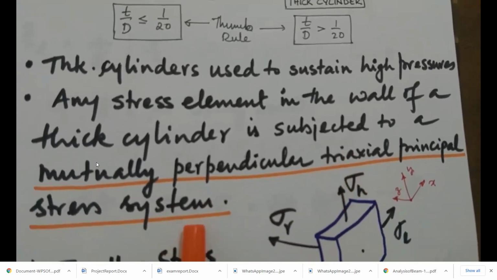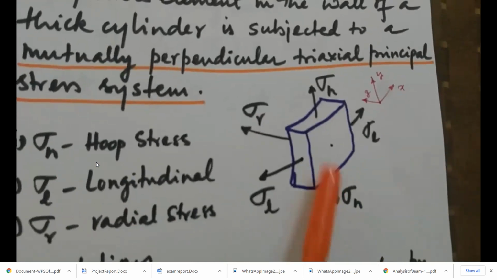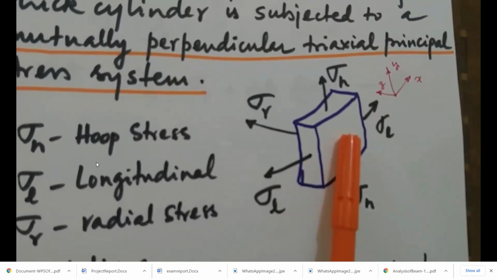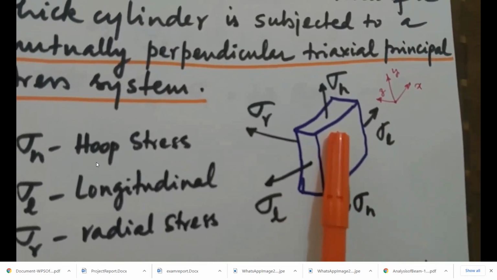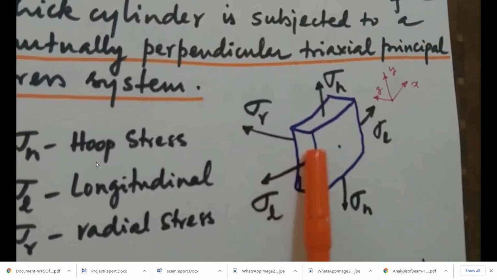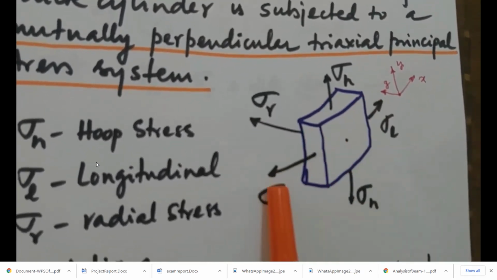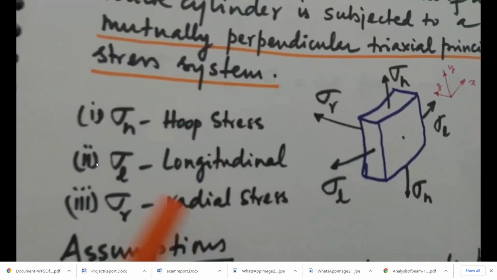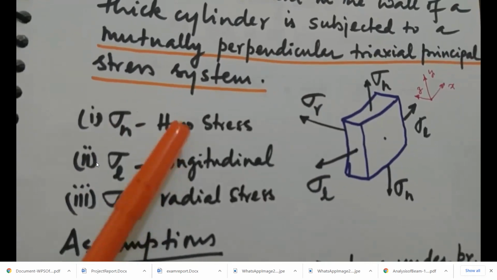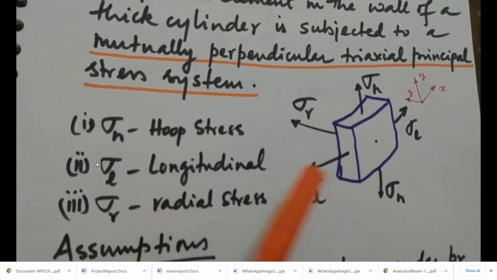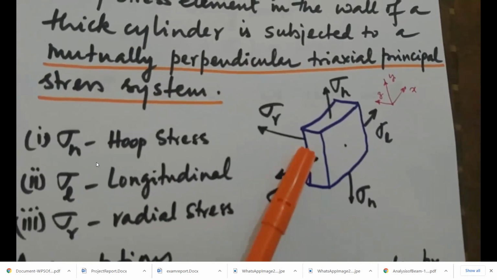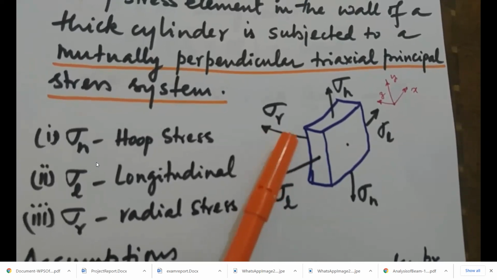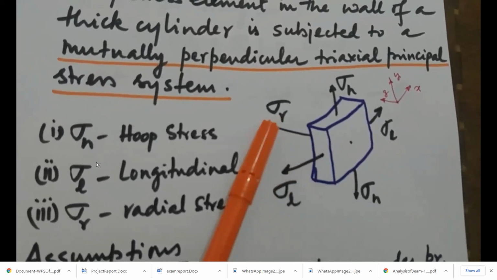So, I have drawn that here, marked out the xyz coordinate system, and shown this element that is a part of the wall of the thick cylinder subjected to three mutually perpendicular principal stresses. This is sigma L, the longitudinal stress, the hoop stress, and the radial stress. So, these are three stresses, and we cannot neglect any of them. Sigma R is a new entry from the thin cylinder where we neglect this, but here we have to calculate. So, the key difference in a thick cylinder is that we are considering radial stress.